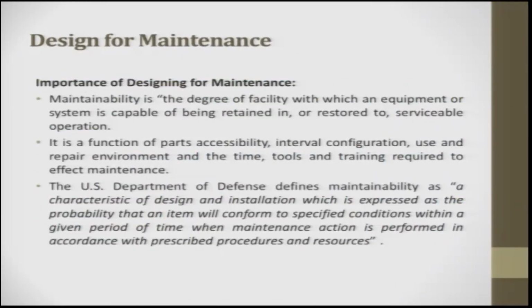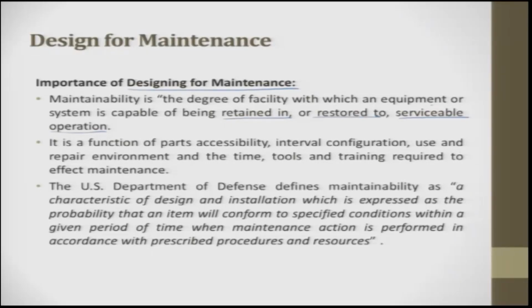So, the importance of designing for maintenance: maintainability is the degree of facility with which an equipment or system is capable of being retained in or restored to serviceable operations. So, after doing this maintenance, we are trying to pull back the equipment to 100% efficiency.